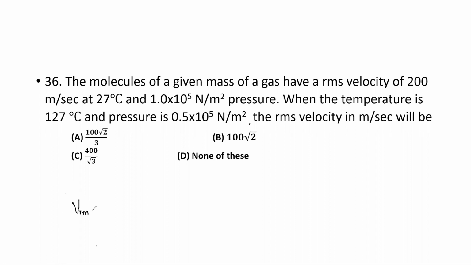As we know, VRMS is directly proportional to the square root of temperature. Let us take the ratio, that is V of 300 and V of 400, since I have converted 27 and 127 degrees Celsius into Kelvin, is equal to under root of 300 divided by 400.